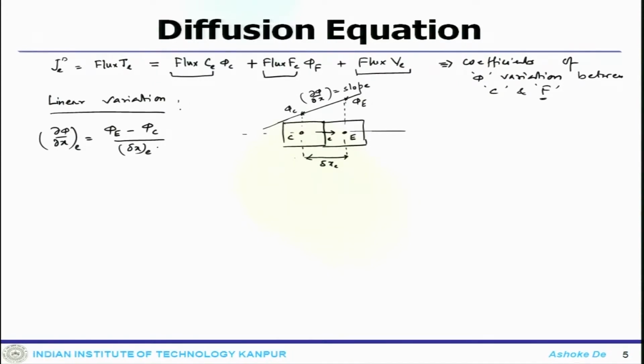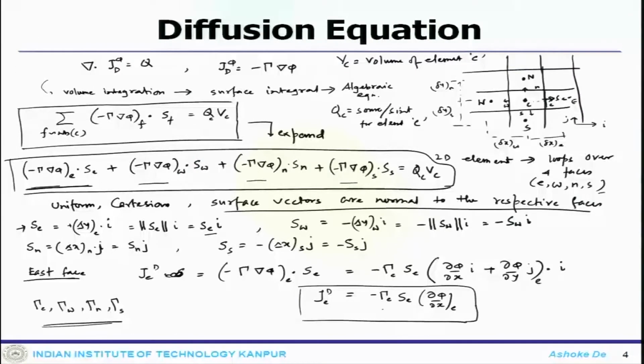Now, this expression, if you replace in this particular equation, so combine these two, what you get is that the total flux is minus gamma E delta y E, which we have, this is gamma E A C del phi by del x.